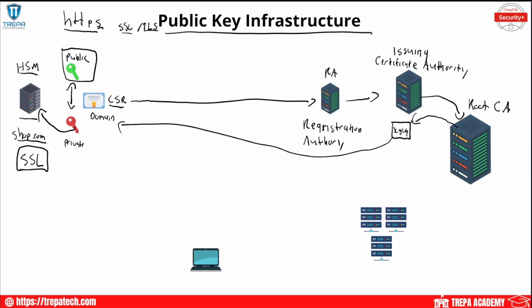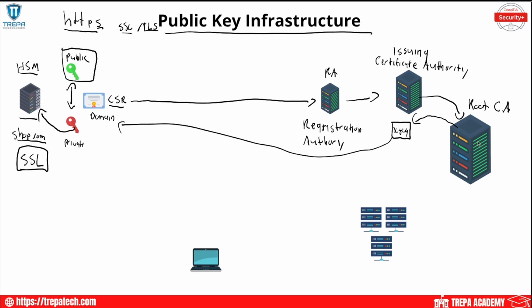And sometimes there could be a whole web server farm of these servers, right? Because there may be a lot of certificates that they have to issue and a lot of compute power, okay? So once that root CA gives its stamp of approval, saying, yep, here's your certificate, it gets sent back to us, and now our public key is posted on our website or part of this certificate authority infrastructure and ecosystem, okay?